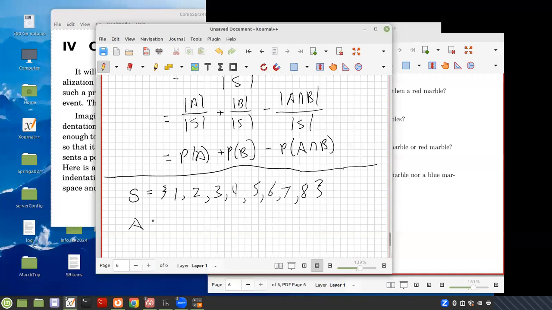And let's say event A equals 1, 3, 6, 7, and 8. Then what is the probability of A? If this is the sample space and this is the event A, then what's the probability of A? So see if you can figure that out. This is an exercise.